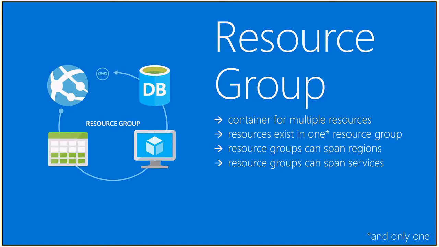One thing we see a lot is enterprises putting their network resources in one resource group, and the rest, like the VM and the storage, into other resource groups because they are using a shared network infrastructure. And one resource can exist in one and only one resource group.